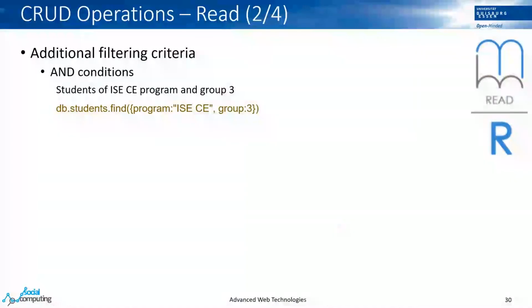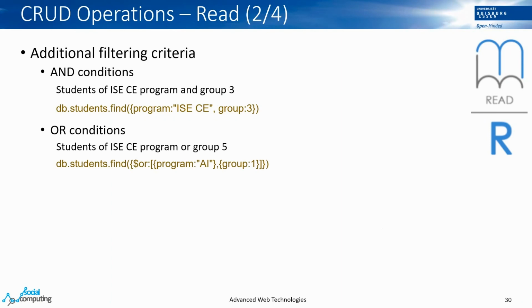But if you need to provide an OR operation, you have to add a specific operator called $or. When you provide this $or, MongoDB will know that it has to perform an OR operation on the criteria which have been specified in this array.